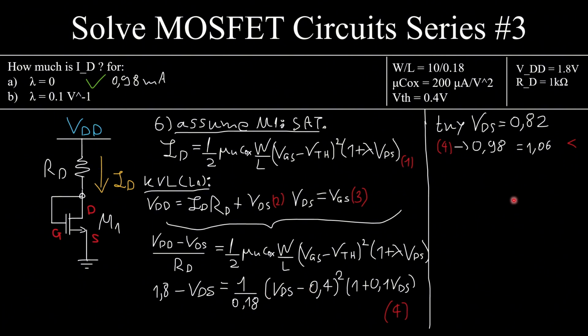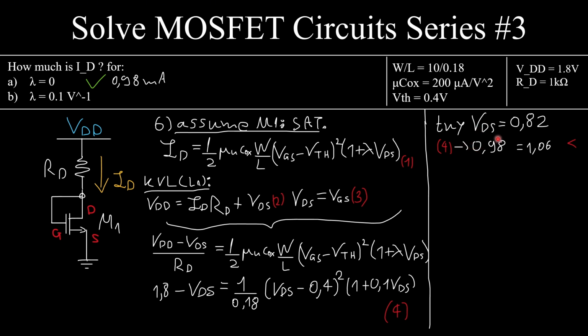So I try using the case where we don't have channel length modulation, so 0.82. If my exercise didn't ask me for the no channel length modulation case, I would go and do it anyways, just so I have a reference value for the voltage.